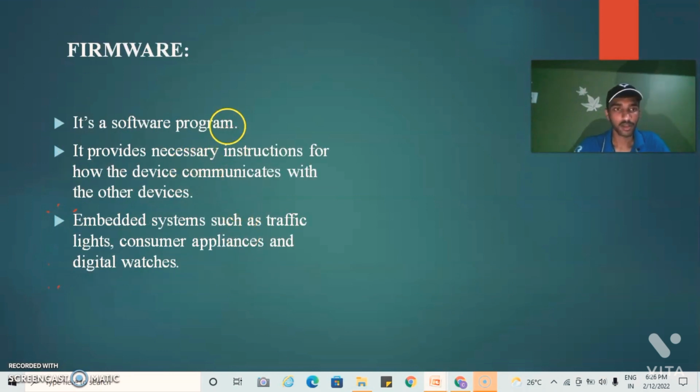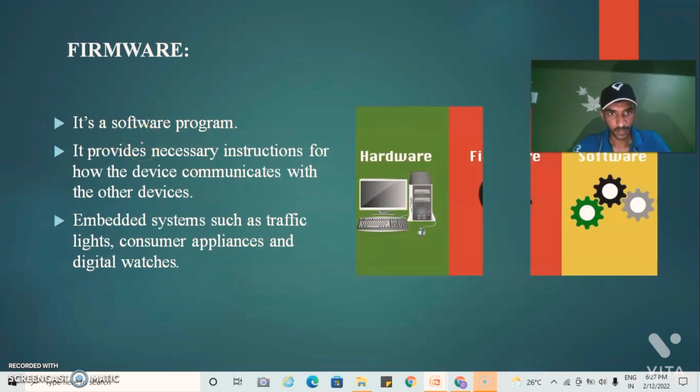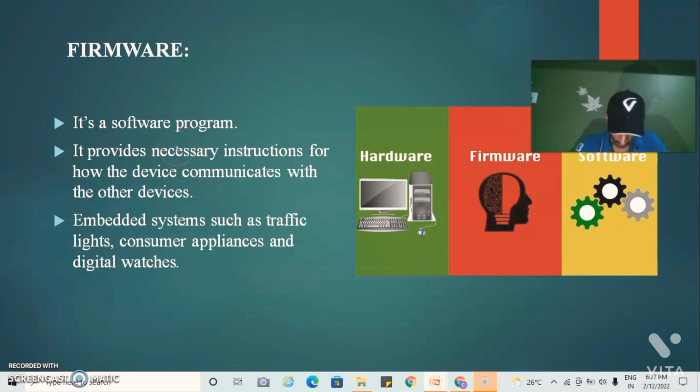One interesting topic is firmware. Firmware is a software program, a specific class of computer program providing low level control for a device's specific hardware.